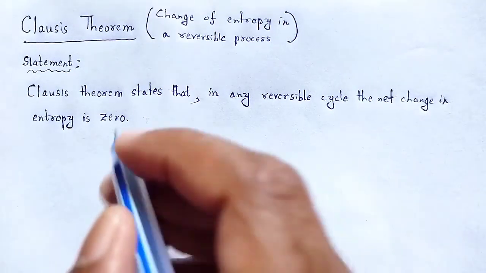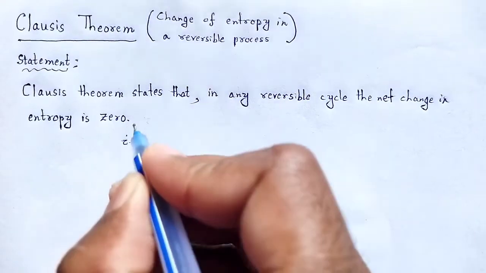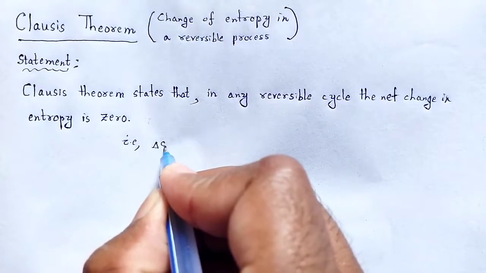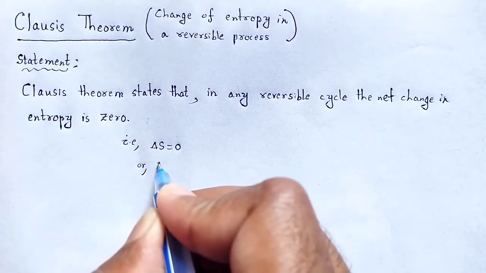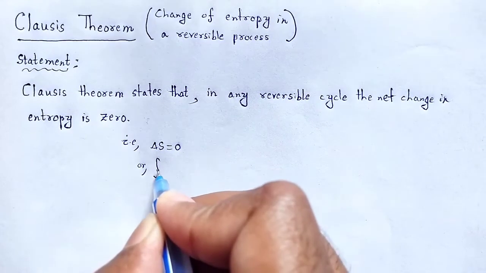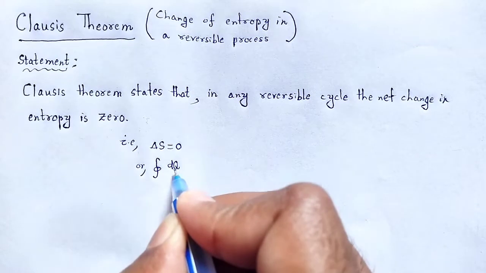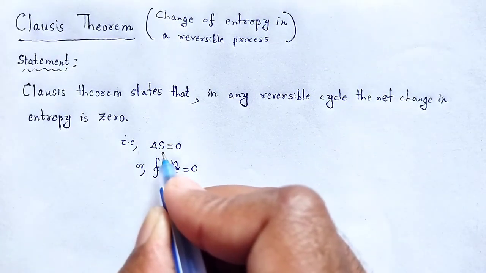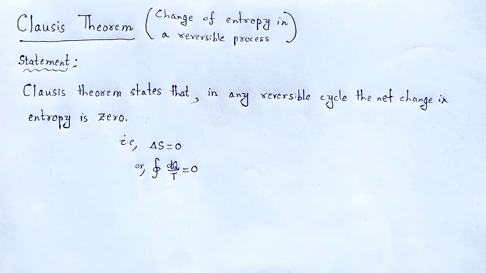Mathematically, we can write that in any reversible cycle the change in entropy will be 0, that is, the closed curve integration of dq by T is equal to 0. Here dS is the change in entropy, dq is the change in heat, and T is the temperature.